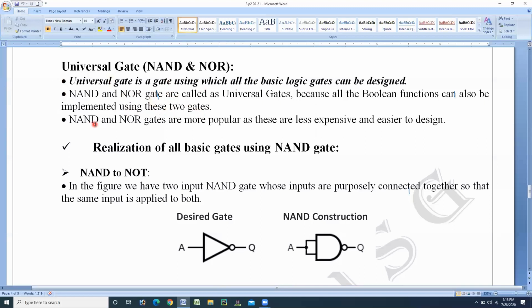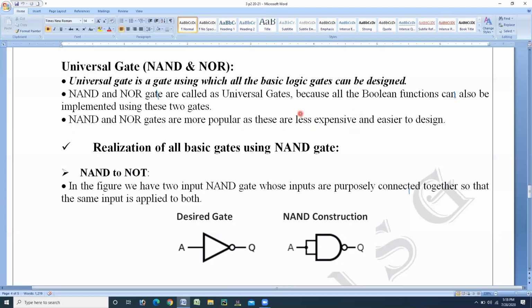Then the next point. NAND gate and NOR gates are more popular as these are less expensive. See, one point is highlighted here. Why are NAND gate and NOR gates more popular? One reason is that they are less expensive.